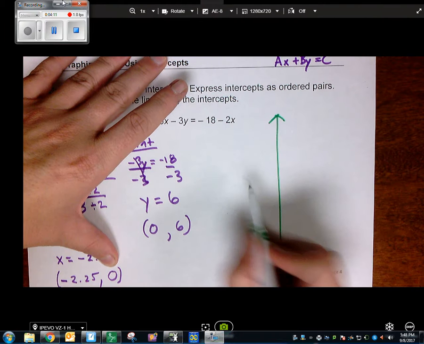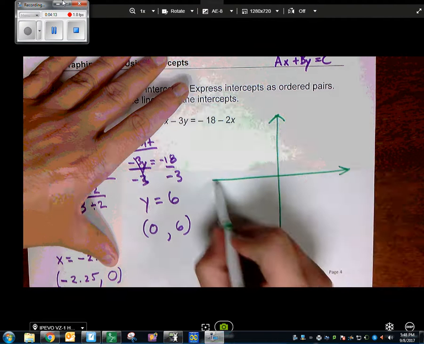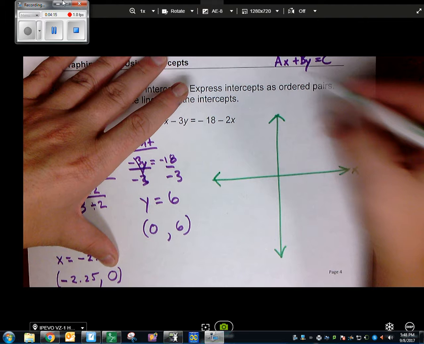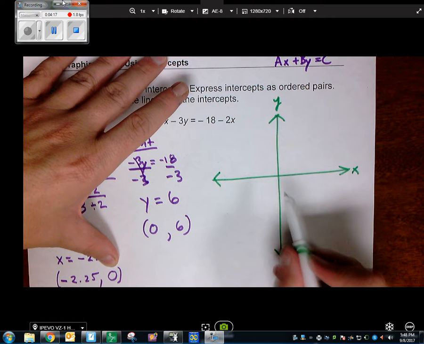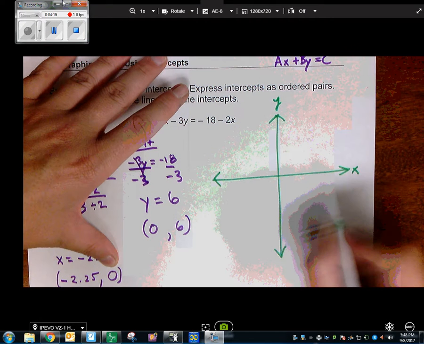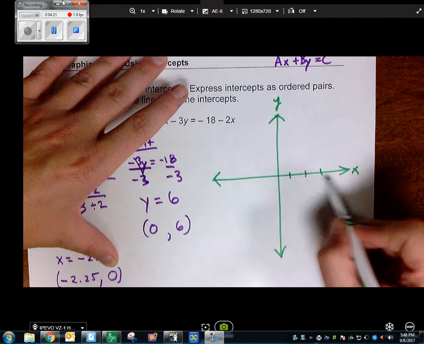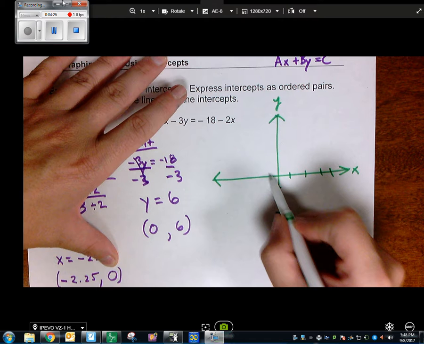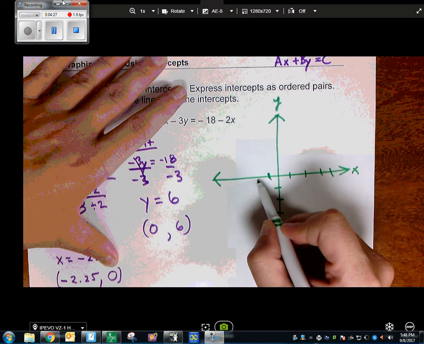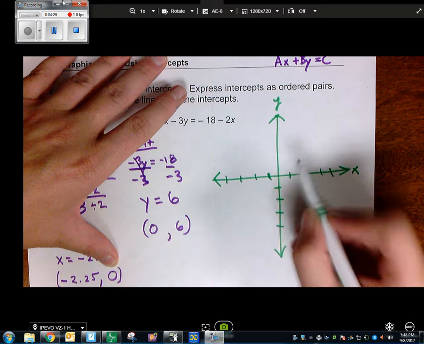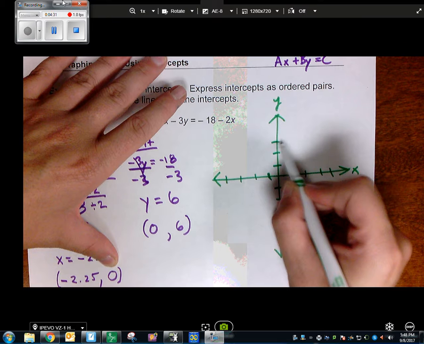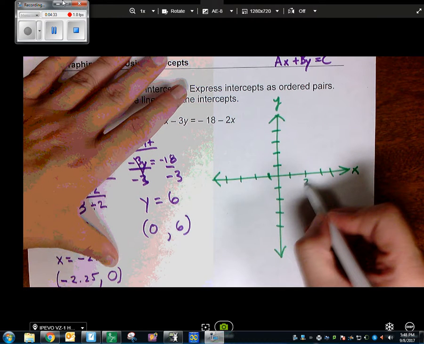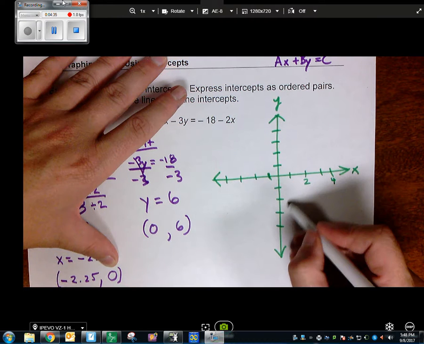All right, let me get a coordinate plane going on here, and why don't you write a coordinate plane down for yourselves while I'm doing this one. 1, 2, 3, 4. 1, 2, 3, 4. 1, 2, 3, 4. 1, 2, 3, and 4. And I'll admit I've been kind of lazy on the previous videos.